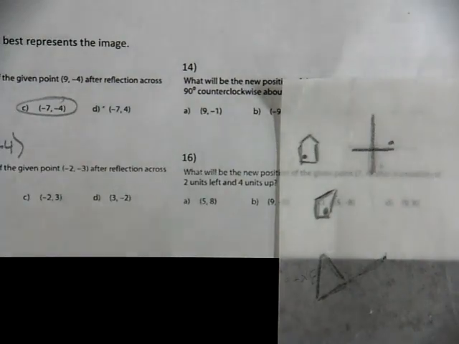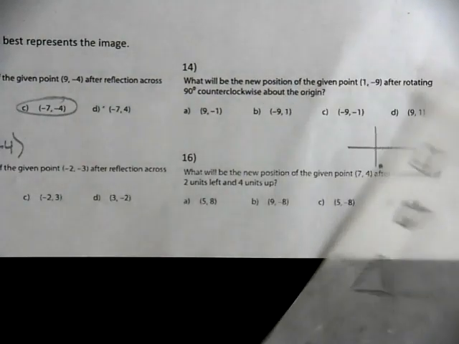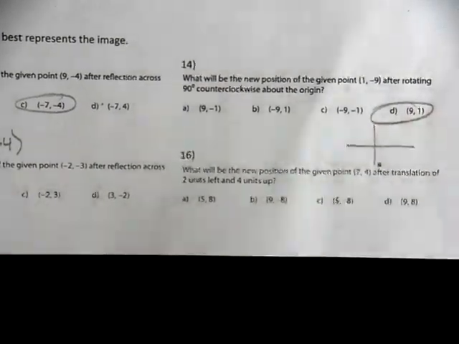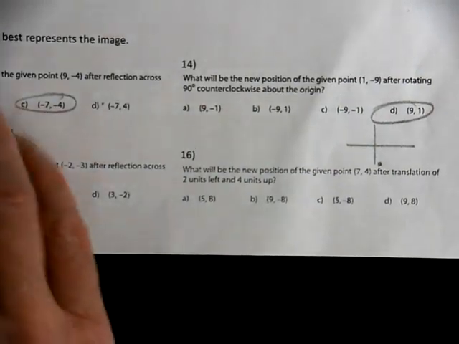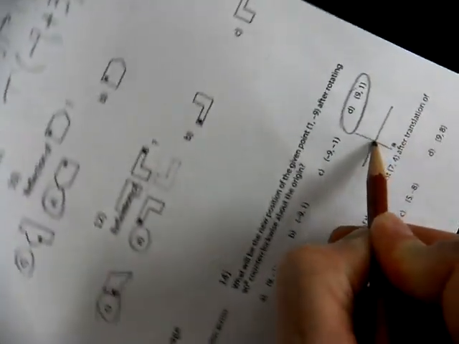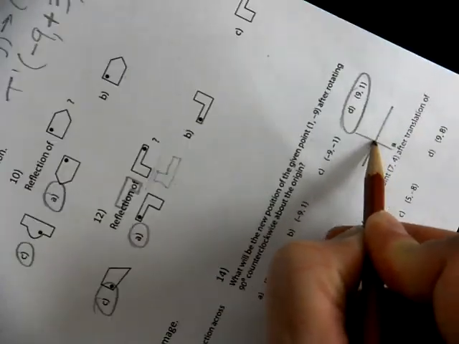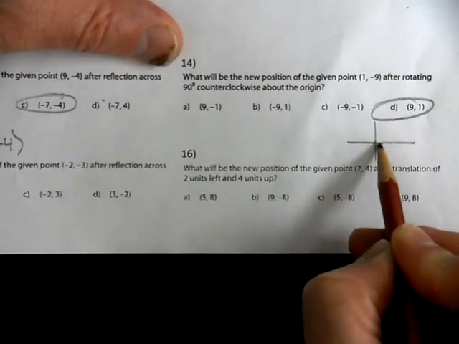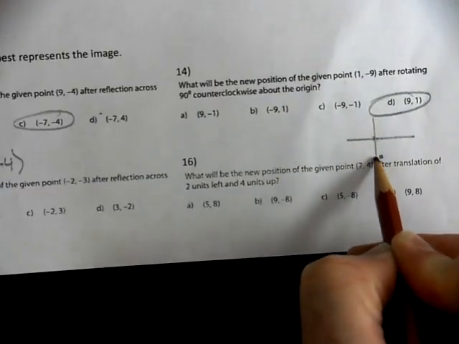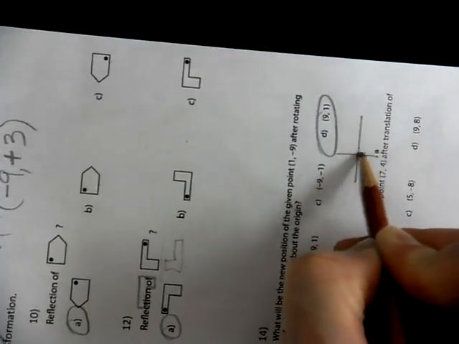It's in the same position, it's just switching the letters and changing the sign on the front. So +9, +1. You can just turn your paper and you can see that same idea. What used to be 1 to the right is now 1 up. What used to be 9 down is now 9 over.